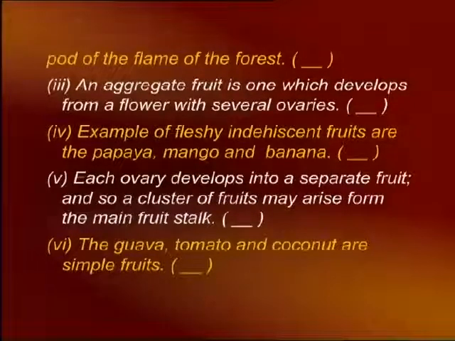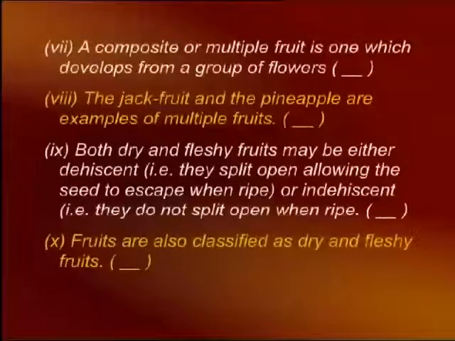Number 6 is, the guava, tomato, and coconut are simple fruits. Number 7, a composite or multiple fruit is one which develops from a group of flowers. Number 8, the jackfruit and the pineapple are examples of multiple fruits.